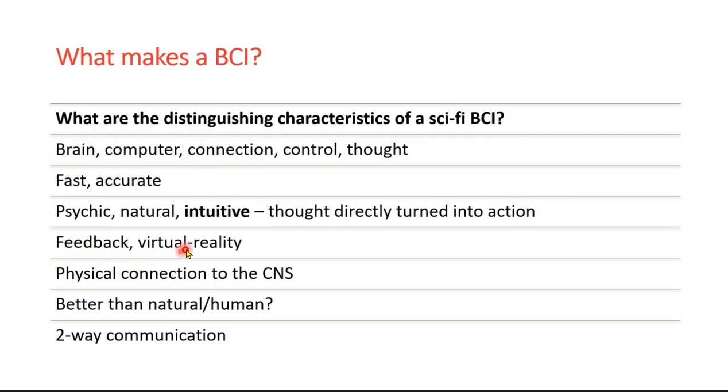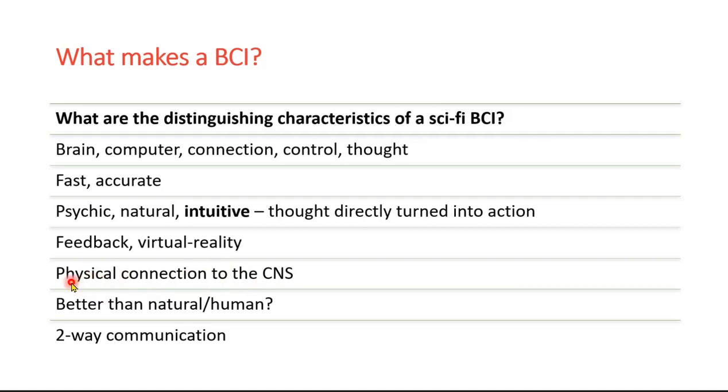So we have feedback, some virtual reality, maybe the movie Matrix, which also involves some kind of description of science fiction BCI. We also see physical connection to the central nervous system. The central nervous system is the entire brain plus some nervous connection.